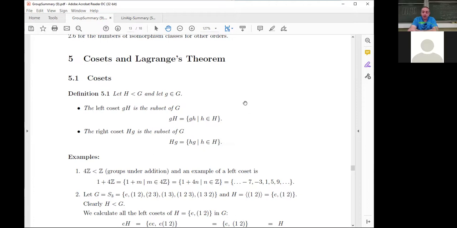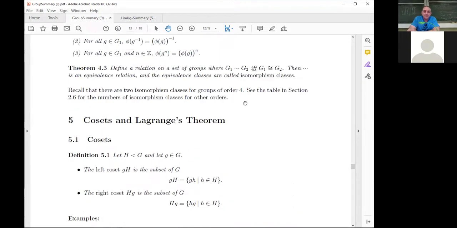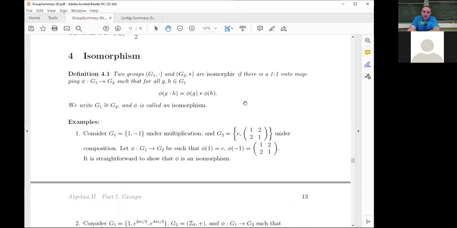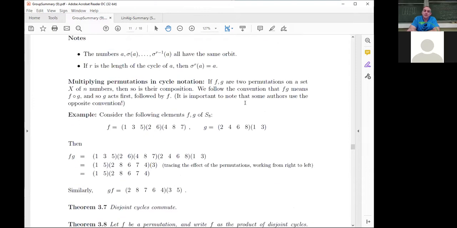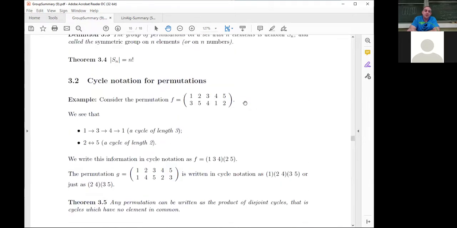I'm trying to show that gH to the power of M is H, showing that a power of an element of a group is the identity. That means the order of that element divides M. And the order of an element has to divide the order of your group. It's one of the theorems. I don't know, it's got a person's name to go with it.